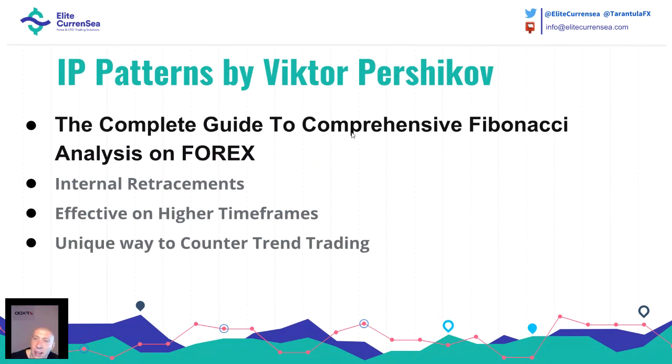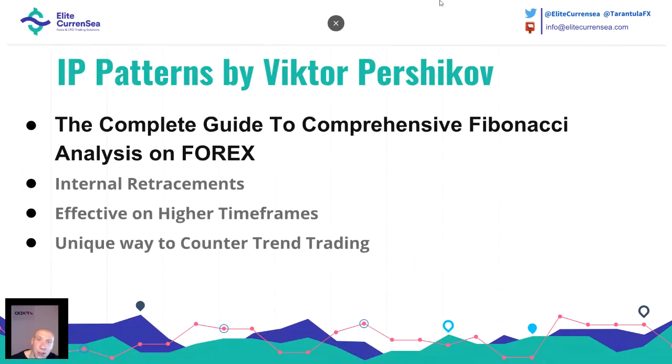First of all, let me tell you that IP patterns represent internal retracements. So this is primarily a counter trend trading method where price usually wants to reject from some Fibonacci levels, namely 9 and 14, then retest previous levels before moving further to the target.